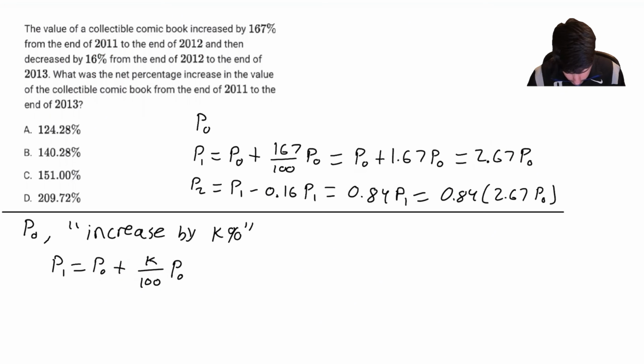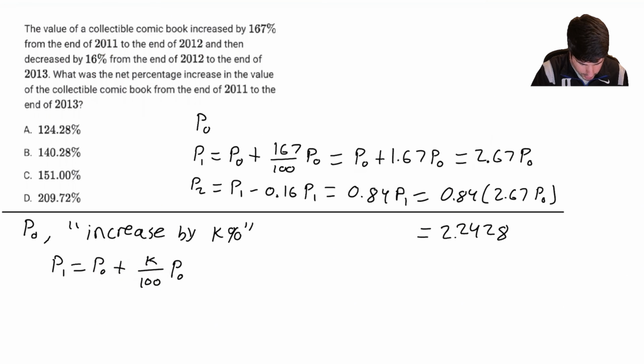So just taking out my calculator real quick to do 0.84 times 2.67. So that gives me, I'll write it down here, 2.2428 P0, right? But I want to know what the net increase was, right? So you'll notice that another way to write this is P0 plus 1.2428 P0.